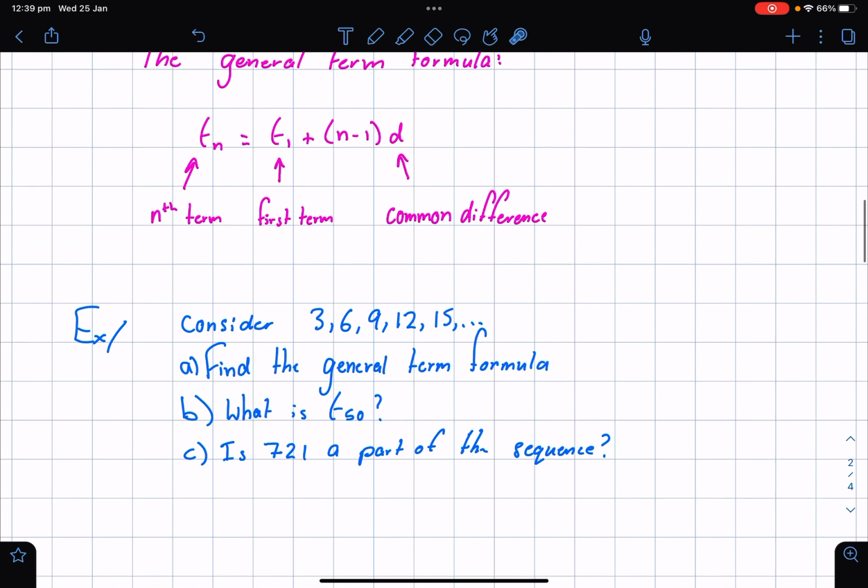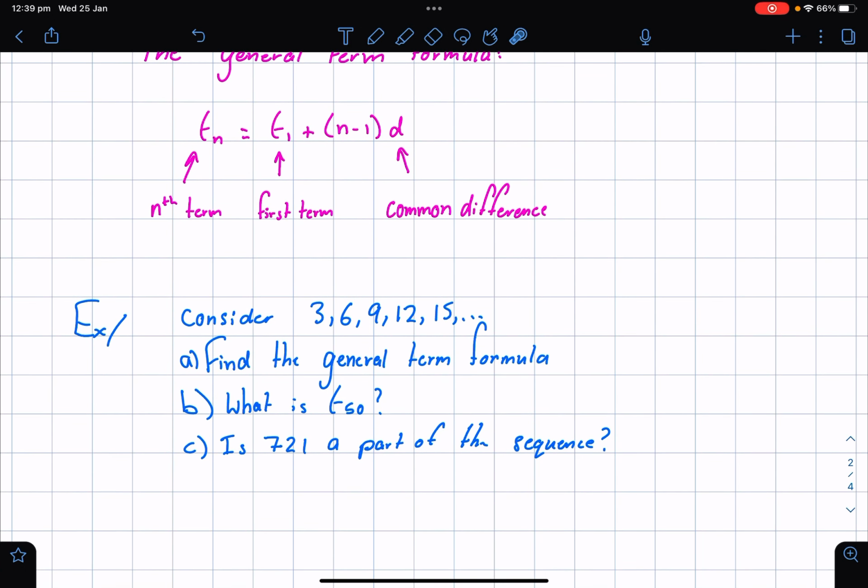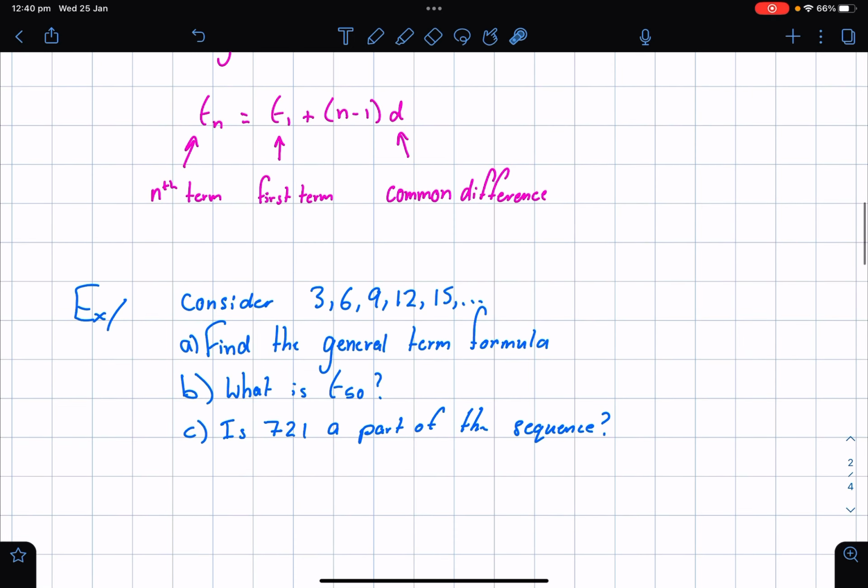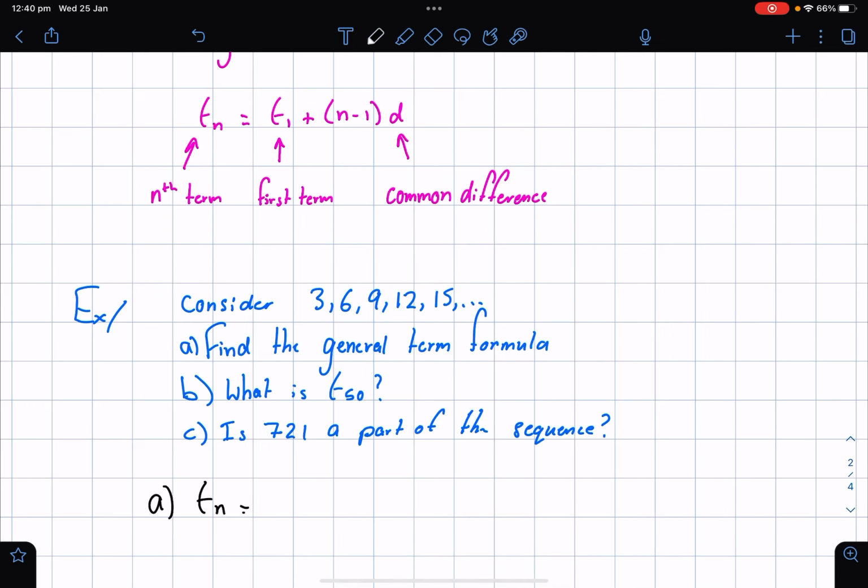So we've got a sequence 3, 6, 9, 12, and 15. Now we want to find the general term formula. We want to find the 50th term, and we want to know if 721 is a part of the sequence. So let's start by looking at question A. I like to write out the general term formula in general form.